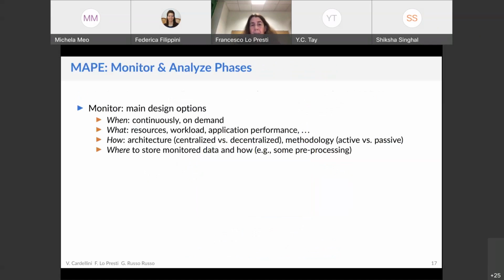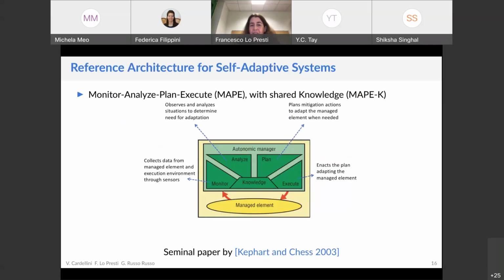So this reference architecture has been investigated a lot in the past.